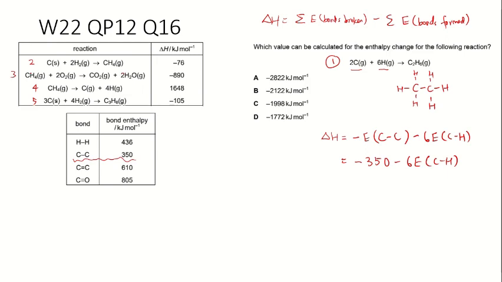Reaction 3, we have CH4. Now there's oxygen involved in this reaction. In reaction 1, there's no oxygen involved, and in the product there's no oxygen also. So I wouldn't consider reaction 3 at all. Let's look at reaction 4.